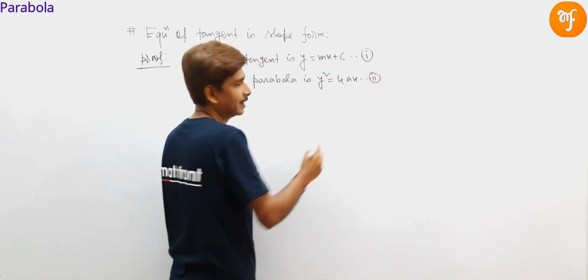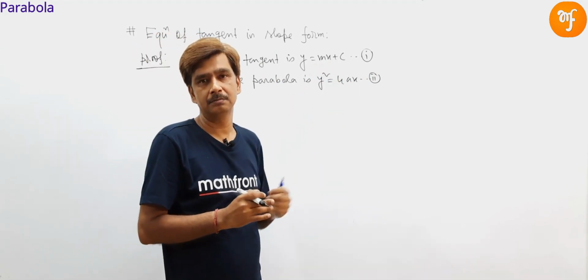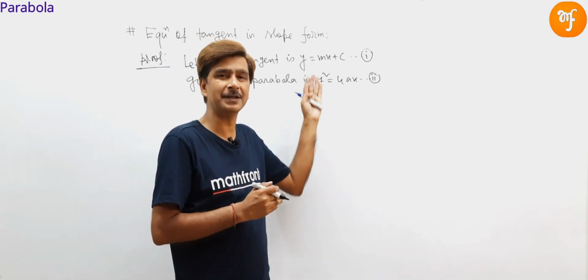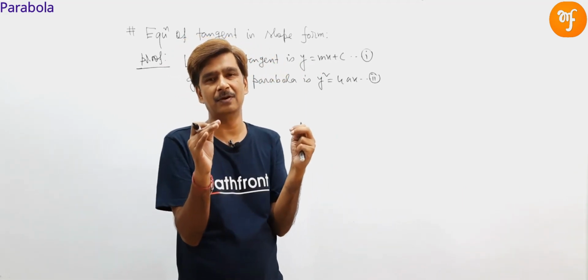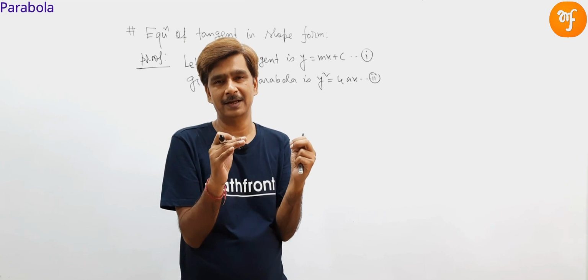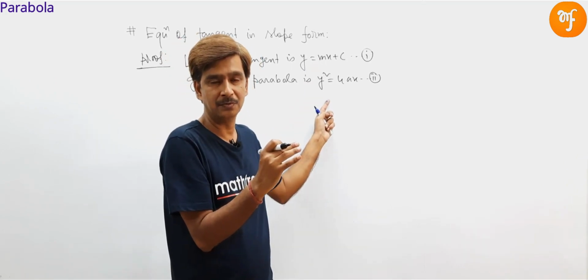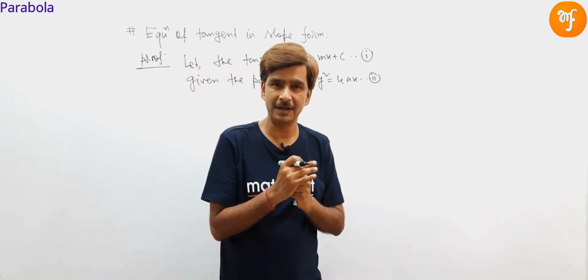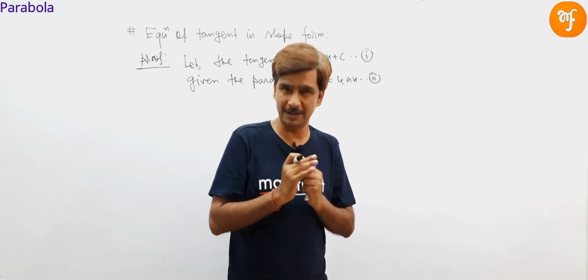Now, if we solve equation 1 and equation 2, we'll get a single value of x and single value of y. That is, we'll get only one point which is common to both of these curves, is it not? And that common point will be what? The point of contact, is it?